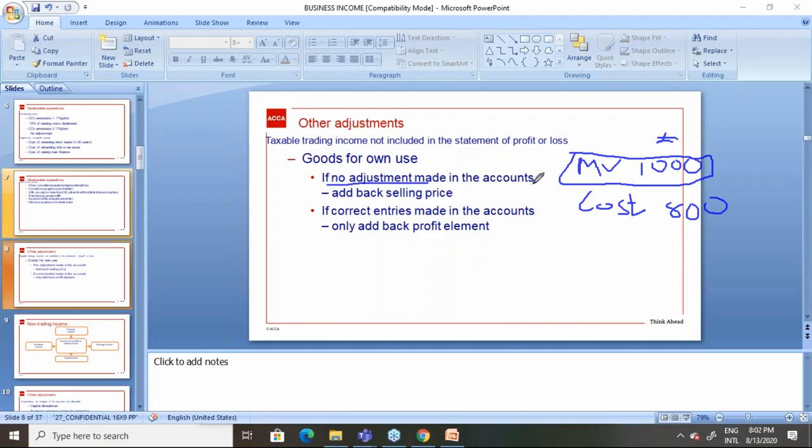So no adjustment made in the accounts, so add back the selling price, so add 1,000. But there can be situations where you have recorded this transaction in accounting as goods drawings. What's the double entry that we use when recording goods drawings? Drawings account debit, purchases account credit. That means the purchases value should come down. Your expenditure value should come down. That means your profit should increase.